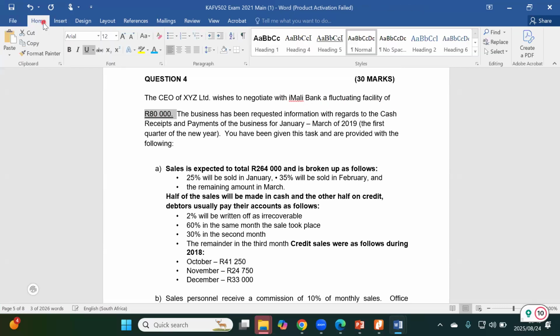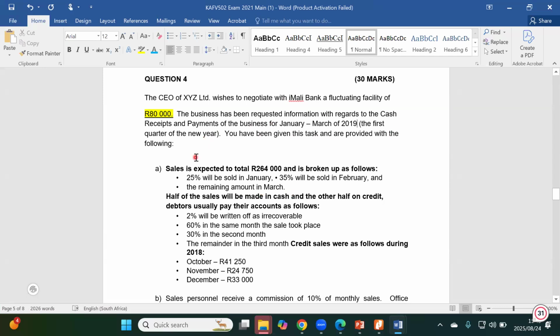That sounds to me like a short-term liability. Are we together there? Of 80,000. Now the business has been requested for information with regards to the cash receipts and cash payments of the business from January to March of 2019, the first quarter of the new year. You have been given this task and are provided with the following information.